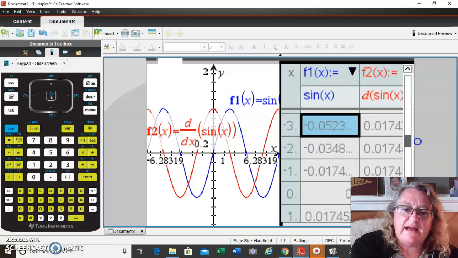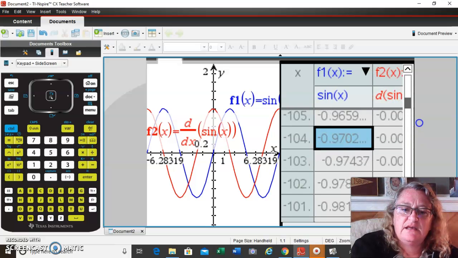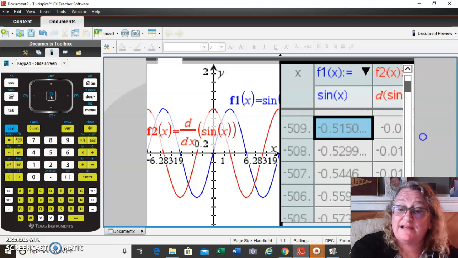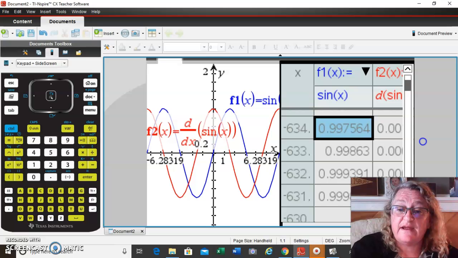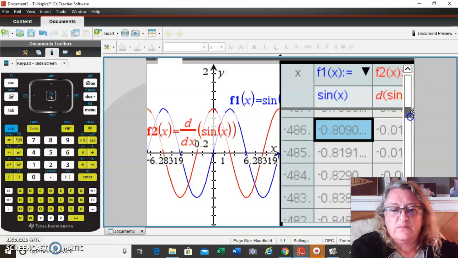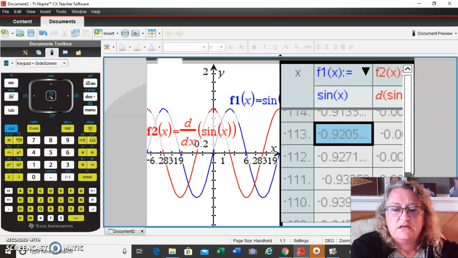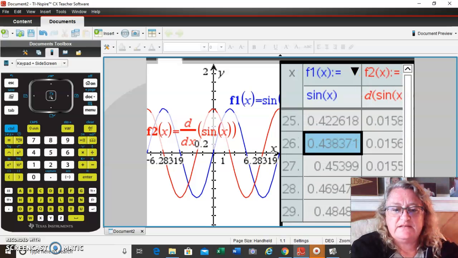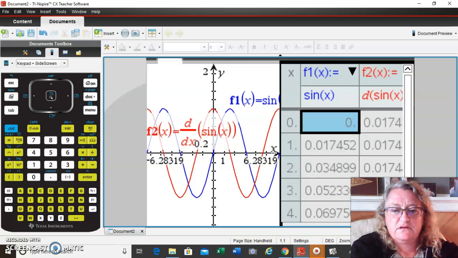So one way to check is that we know that sine squared plus cosine squared should equal 1, right? So if we take this number, for instance, here, I don't know why I'm all the way at that point. I'm all the way at negative 600 something. Let's go back to some normal values. Let's look at 2.